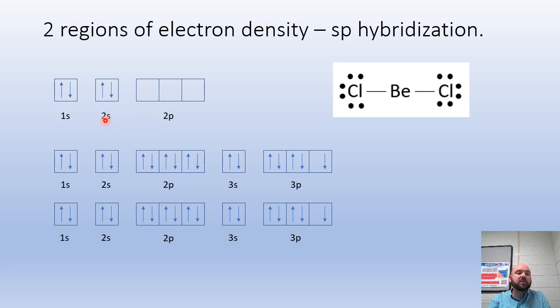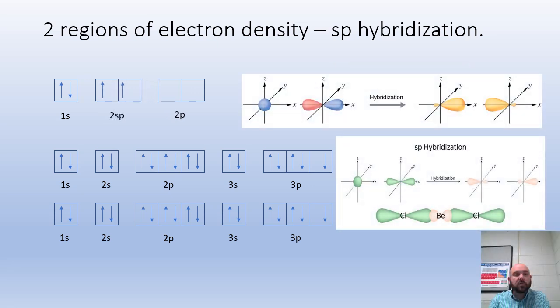So he will hybridize a 2s and a 2p into 2 sp hybridized orbitals. He will also still have 2 leftover unfilled regular p orbitals that are not hybridized.